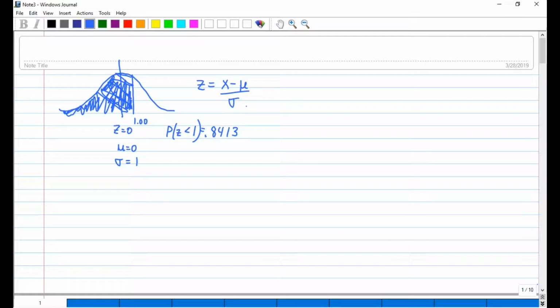So we will be using our z-score formula a lot in this section. Okay? So this z equals x minus mu over sigma, that transforms any normal random variable into a standard normal random variable.